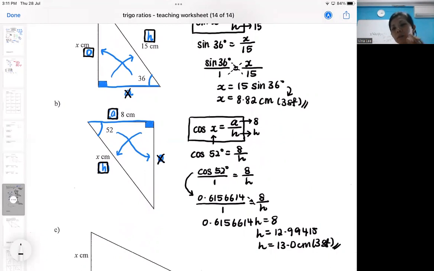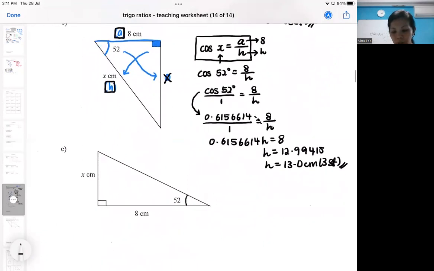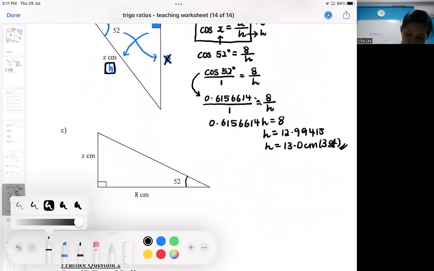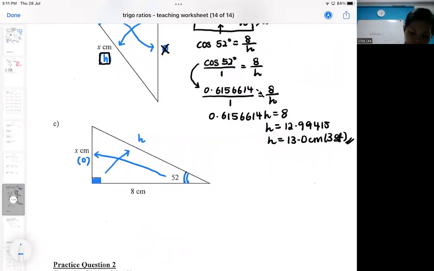Okay, so now we're going to repeat the whole step again. So get your 90 degree. Get your angle. The angle will decide who is the O, the opposite, and who is the length, adjacent.